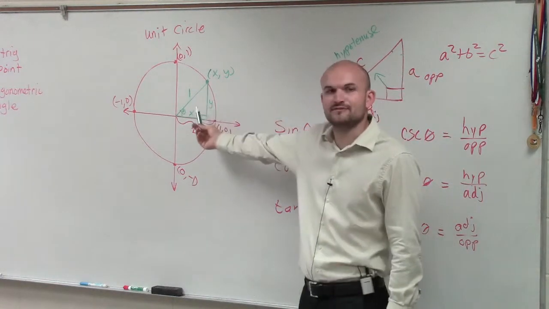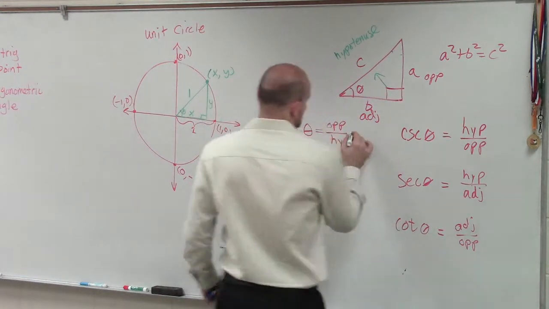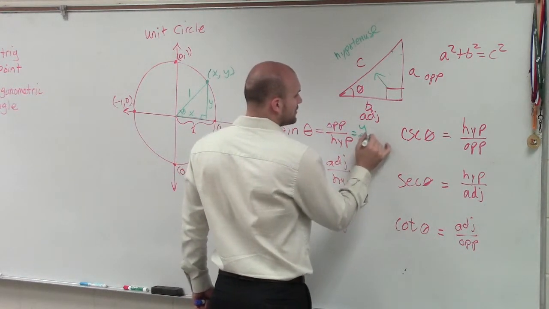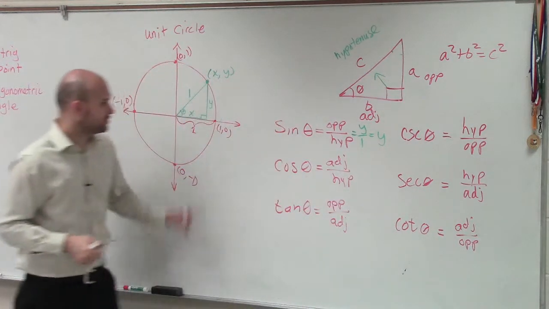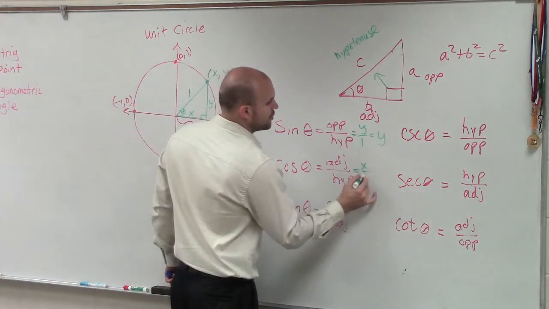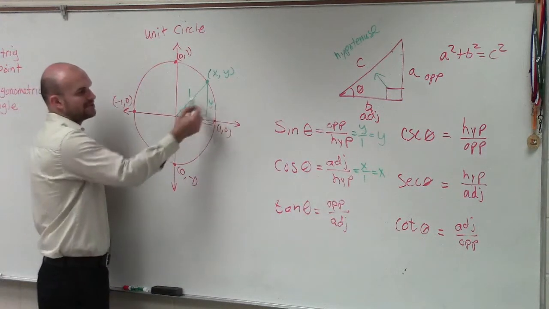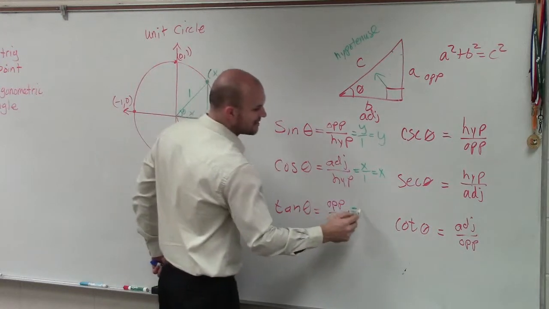Well, what's the opposite of this triangle? Y. What's the hypotenuse? 1. So this is equal to y over 1, which is just equal to y. The cosine, adjacent over hypotenuse. X over 1, which equals x. The tangent is going to be opposite over adjacent, y over x.